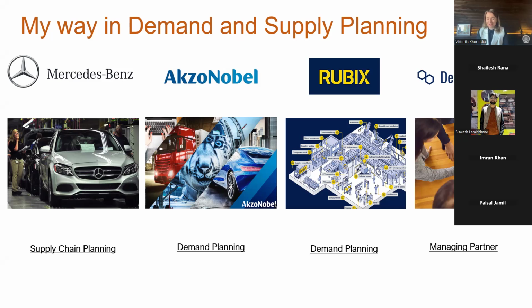So this is quite a complex business, but with good segmentation and good data transparency, it is even possible to work with such an amount of SKUs, items. And now I'm working at Demand Guide. This is a consultancy helping customers to find their way in demand planning and inventory management.